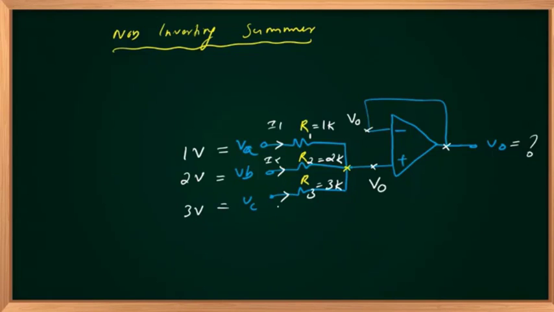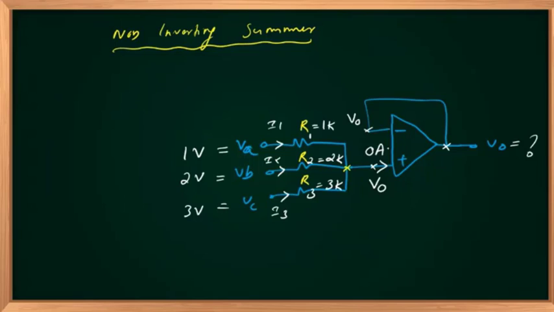Answers. All right, 18 by 11, 18 by 11. Right. What about others? It's very, very simple. Write one nodal equation and solve for V out. Current flowing into the op amp should be how much? 0 amperes, because it is an ideal op amp.